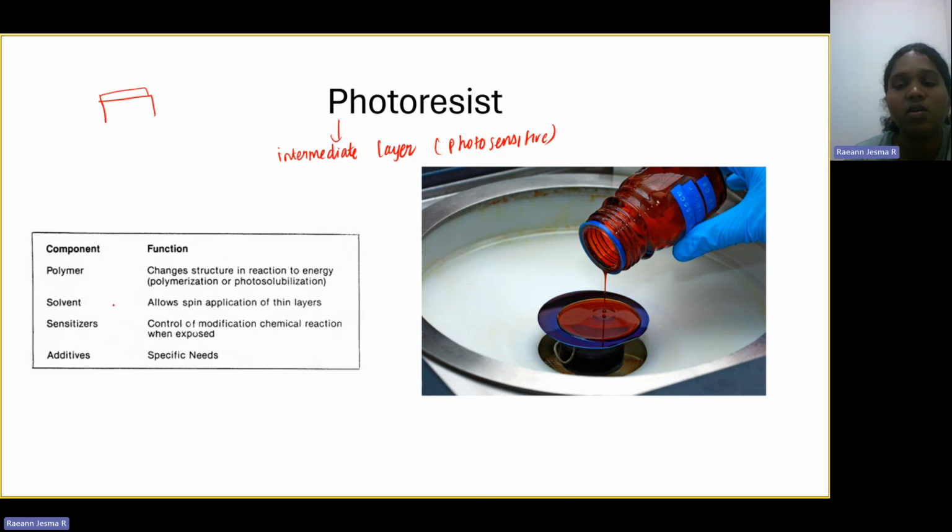When we expose the photoresist to UV light, the sensitizers, also called photoactive compounds, undergo a change in their chemical structure. Because of that, their ability to dissolve in a developer will change. There are also certain additives, and there are different types of photoresist, both positive and negative photoresist.